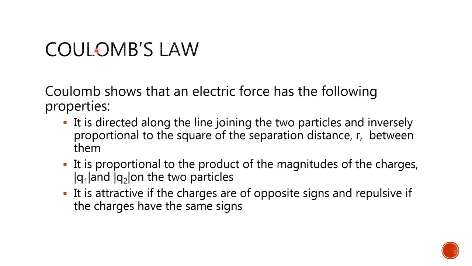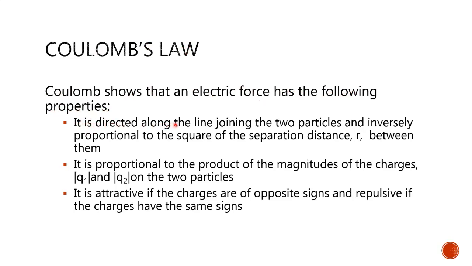So we have Coulomb's law, which states that an electric force has the following properties. If we have a gravitational force or a tensile force or applied force from our previous topics, here in electricity we have what we call electric force. These are its properties.